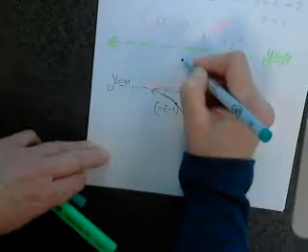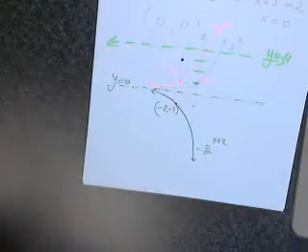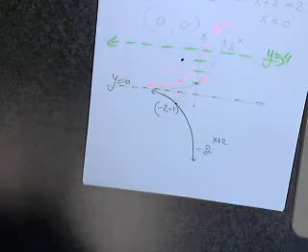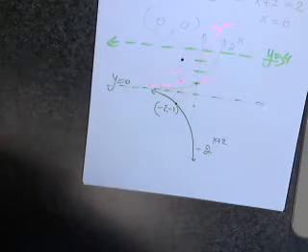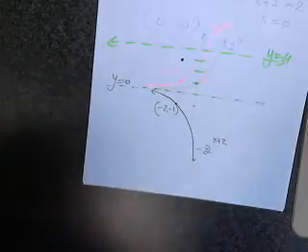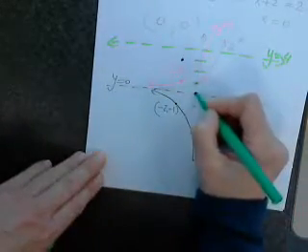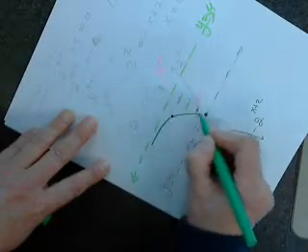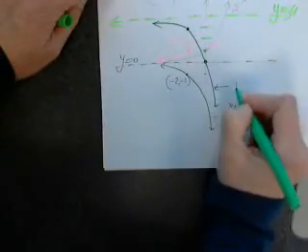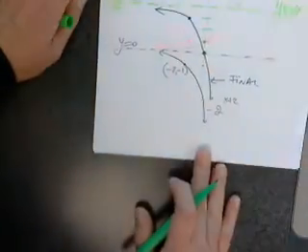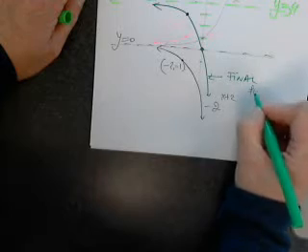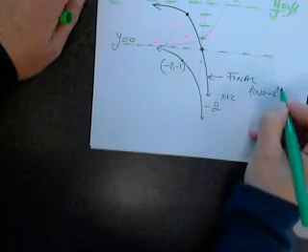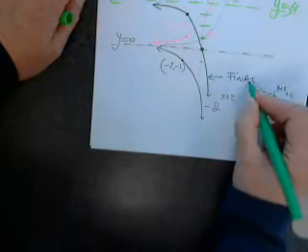Right here. And what did we find out before we even started using transformations? That it crosses at the origin. So here's the graph. So this is the final graph, which is for f of x equals -2 to x plus 2, plus 4.